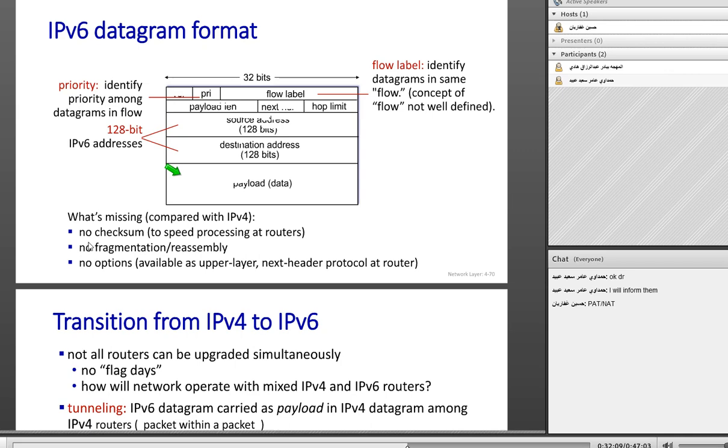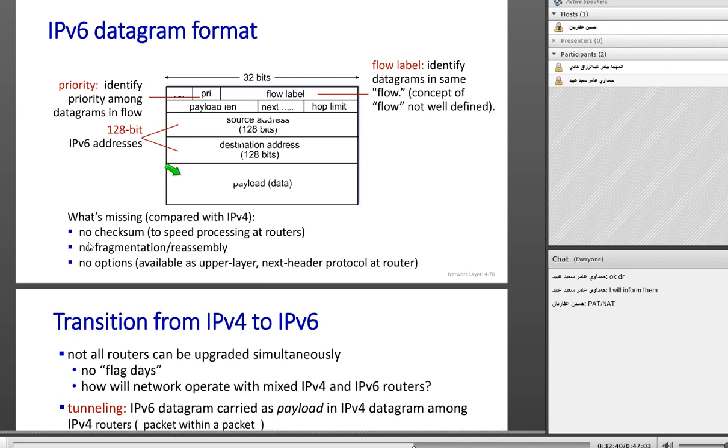But if it does not need to check it, it doesn't. Simply. So we put everything else into the payload part, and now I know that the length of the IPv6 header is fixed to 40 bytes.